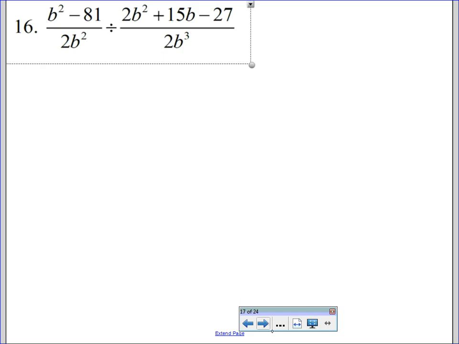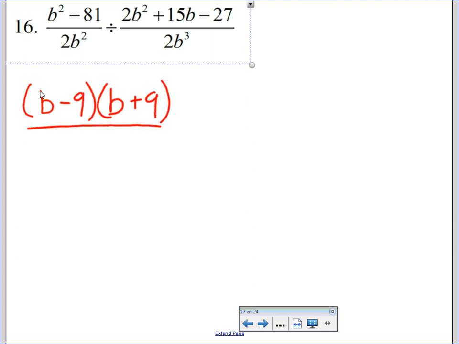Next problem, another division problem, so that means multiply by the reciprocal. So the numerator of the first fraction will factor as b minus 9 times b plus 9 over 2b squared times 2b cubed over, oh, this one's going to be a little trickier to factor, so I'll go ahead and do that in stages.